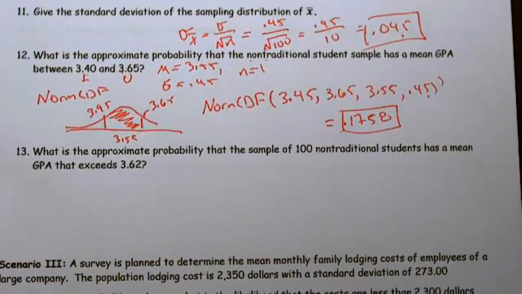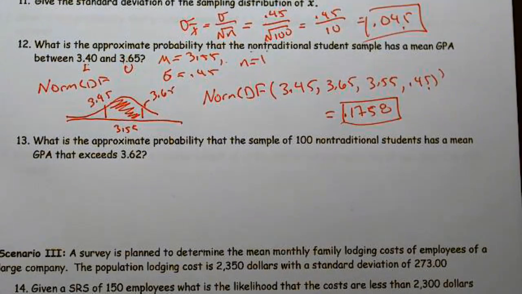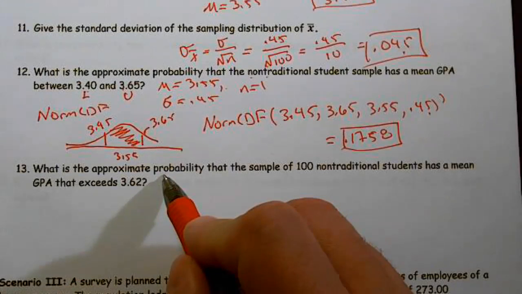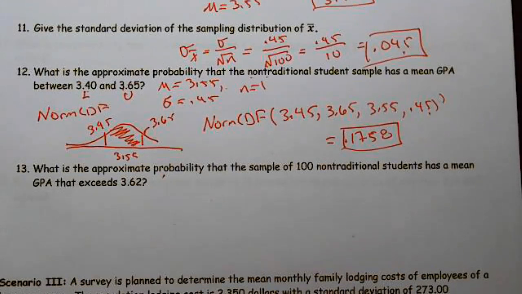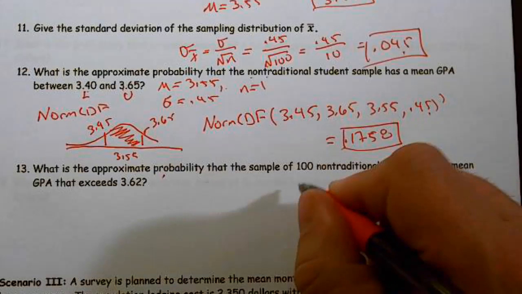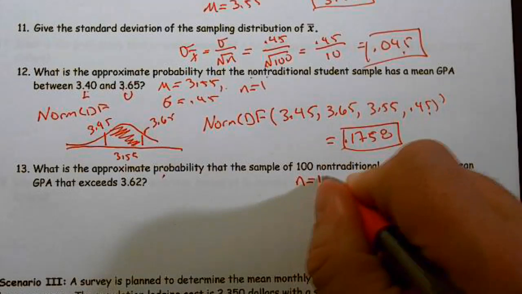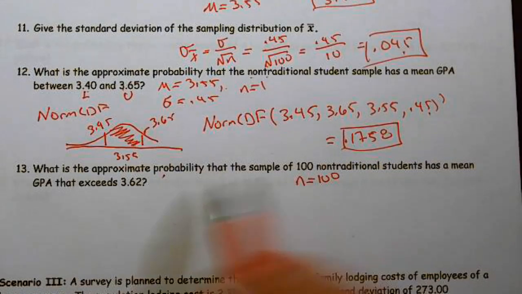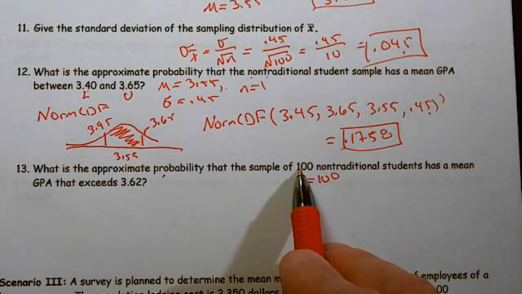Number 13, what's the approximate probability that the sample of 100 non-traditional students has a mean that exceeds 3.62? So they're asking for a probability, and we have a choice here. We can either do norm CDF or we can do a stats test norm. It'll be easier to use a stat test, because they gave a sample of size 100.